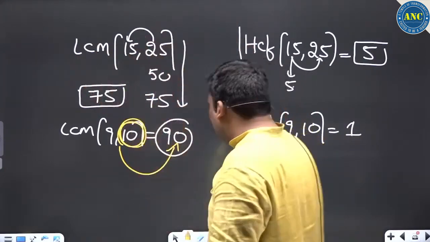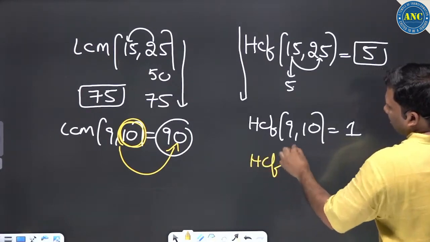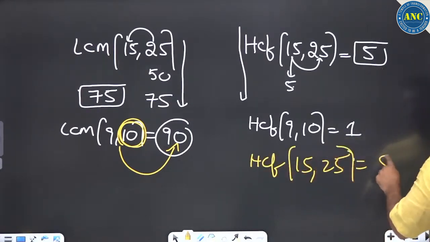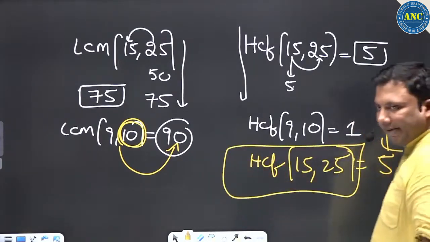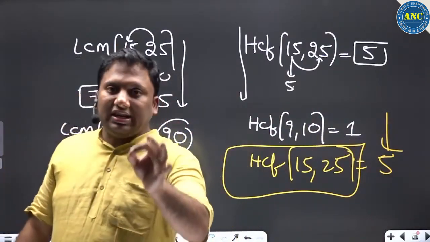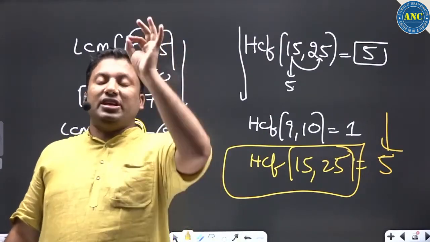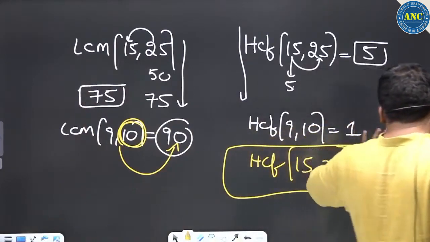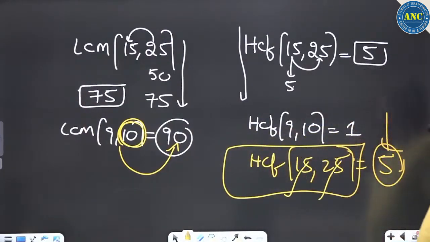But in HCF, if the answer is divisible by 5, every input number should also be divisible by 5.